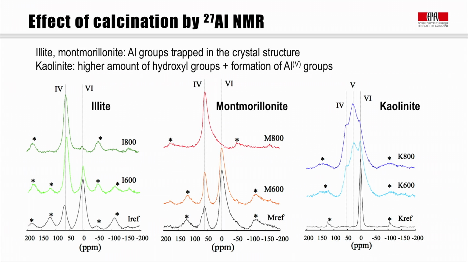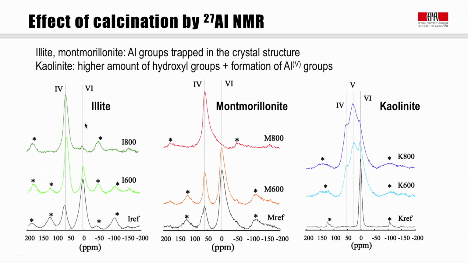And particularly useful in this regard is solid state NMR when we study 27 aluminium. So nuclear magnetic resonance, or NMR, is a technique that can be used to look at the local environment of a particular species.